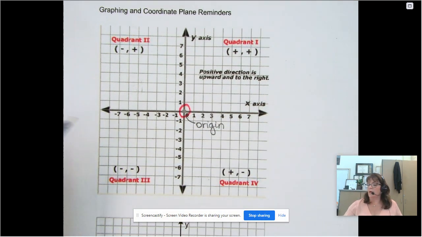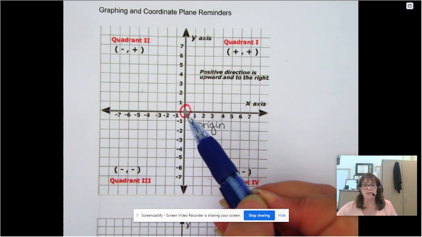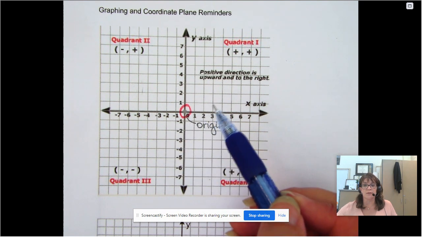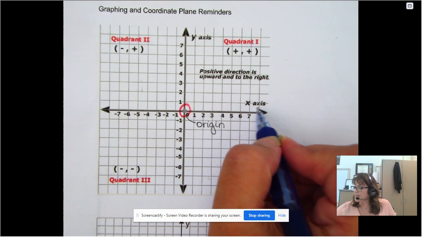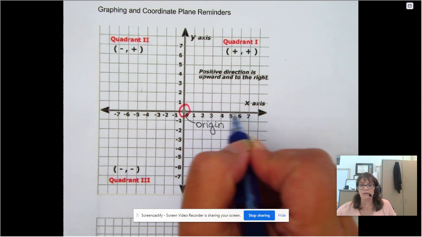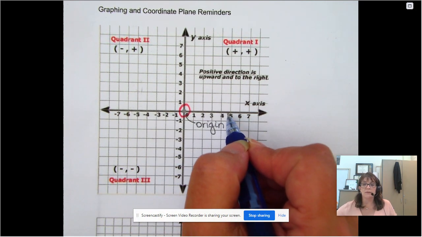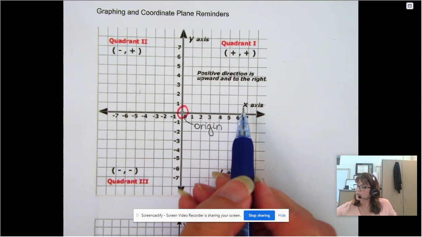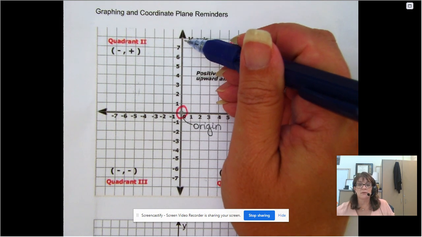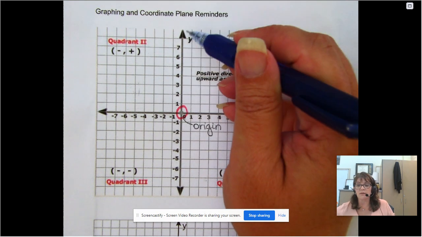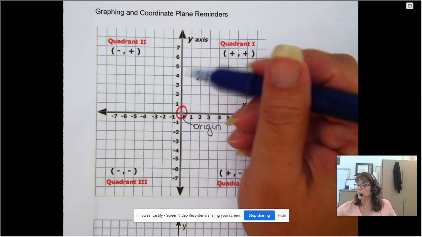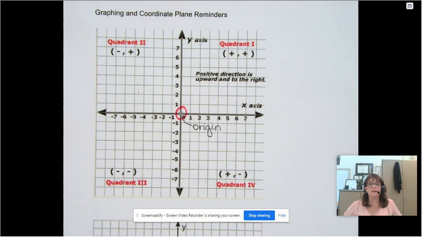You know that if a line goes through that and is a straight line, then it's proportional. Here you have the x-axis that goes left and right, and it's just a giant number line. The y-axis, up and down, again a giant number line. Where they cross, we've created a coordinate plane.